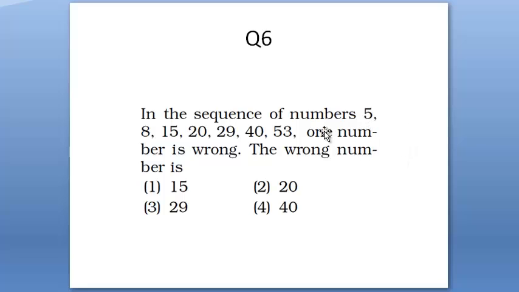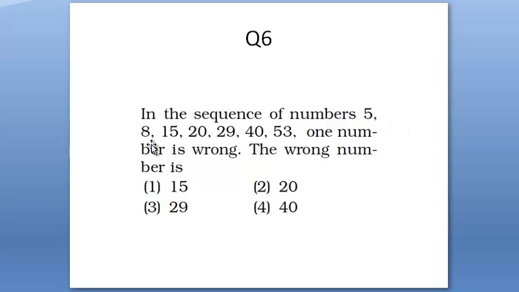Successive odd numbers are added after each number, so you're going to be adding 3, 5, 7, 9 in between. But what happens here is after 5, 3 is added, okay, but then after 8, for some reason 7 is being added. As you can see, every other number follows a pattern except for this one.